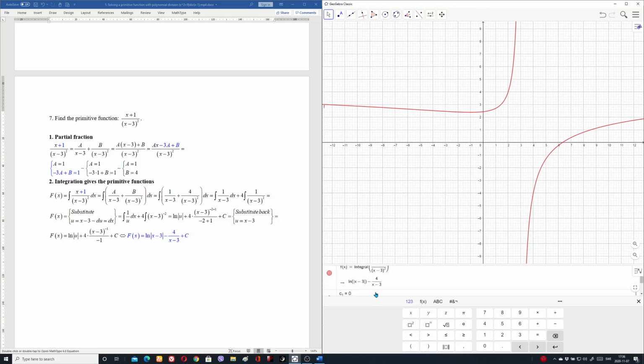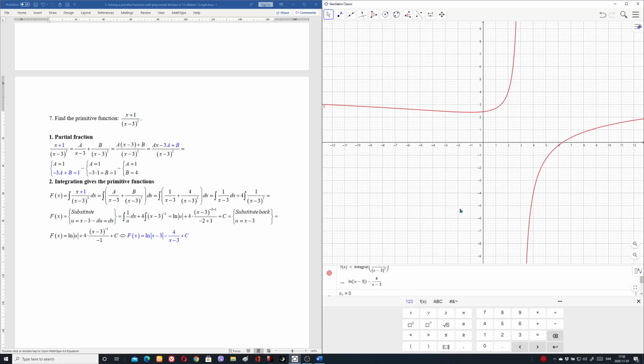So this shows that ln x minus 3 minus 4 divided by x minus 3 plus some constant which is 0, and GeoGebra doesn't show that.